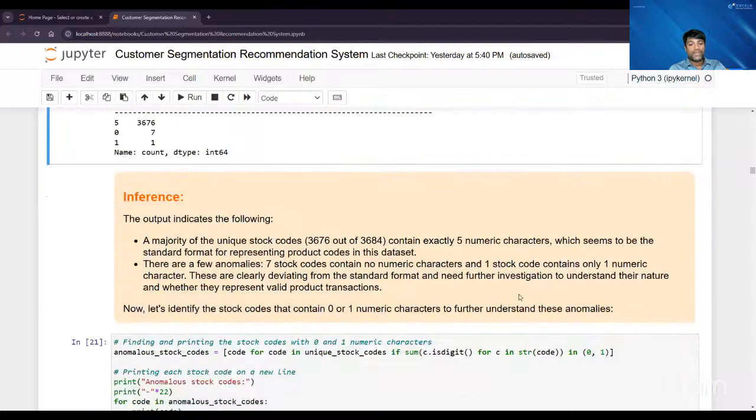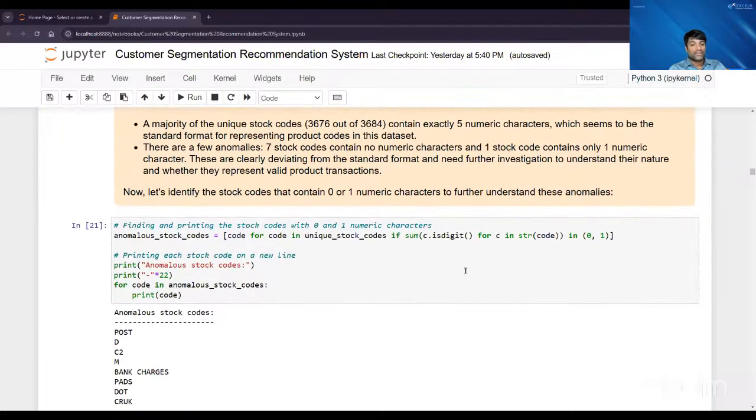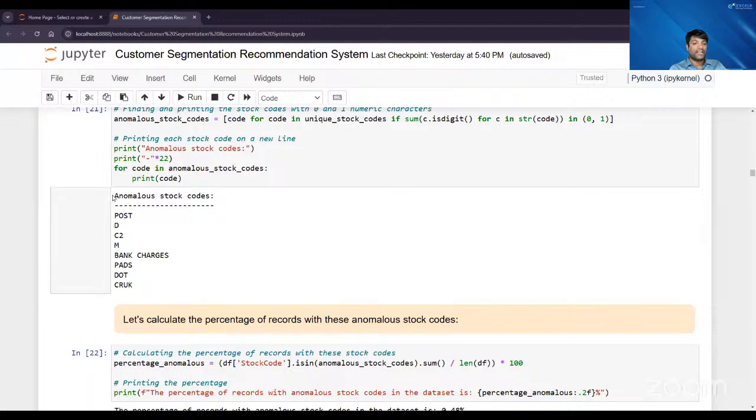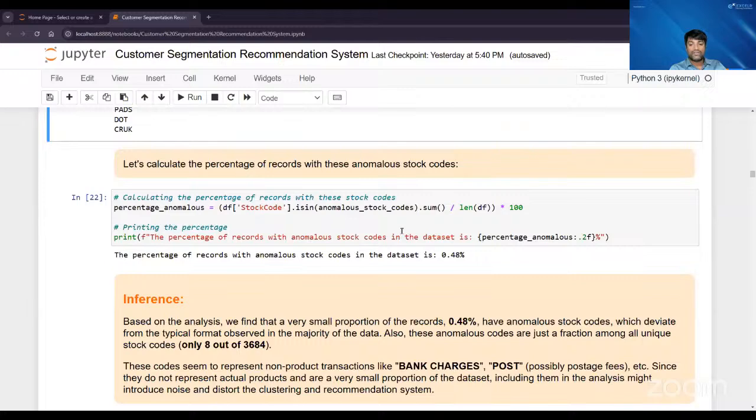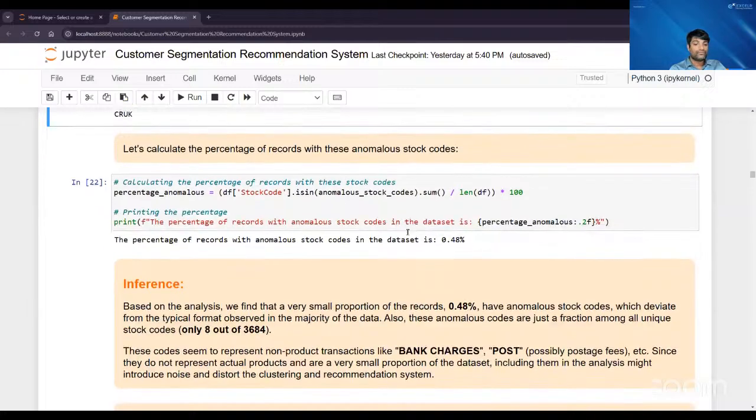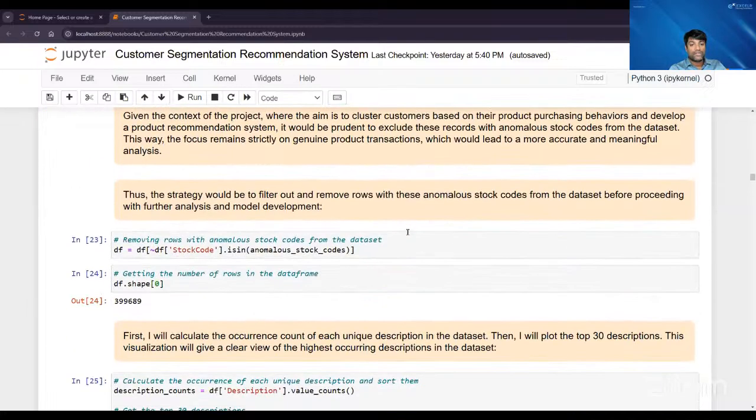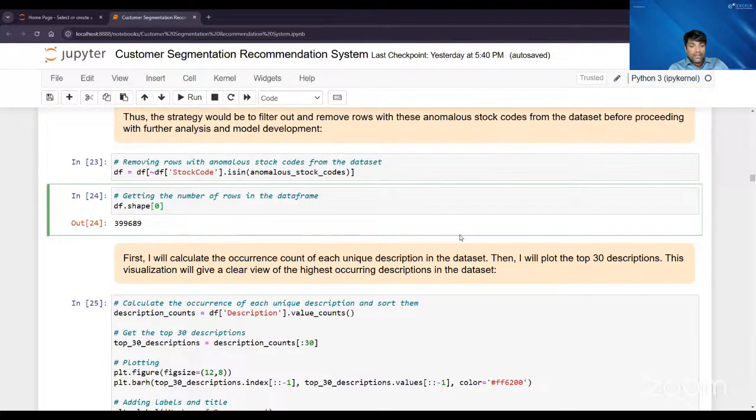So we made changes accordingly, right? Then we identified the anomalies, because these stock codes are basically anonymous, which are not supposed to be there. So there is an issue, and we can actually delete them. Then going forward, after checking and handling that, I can say handling is the correct word.